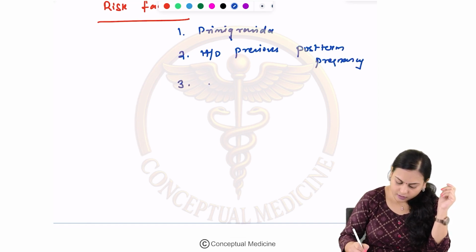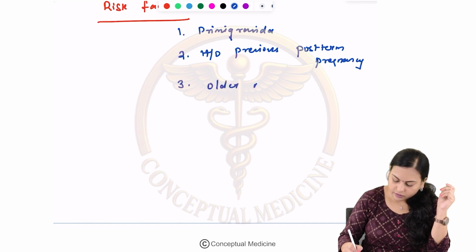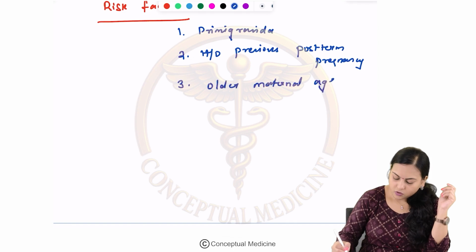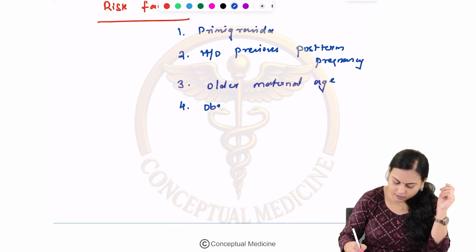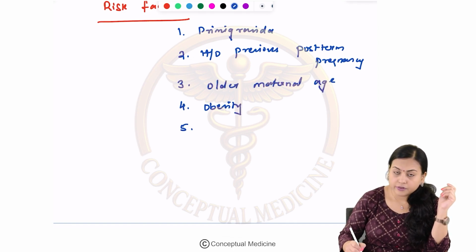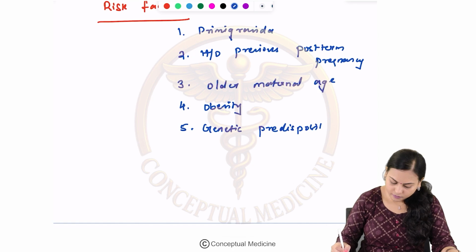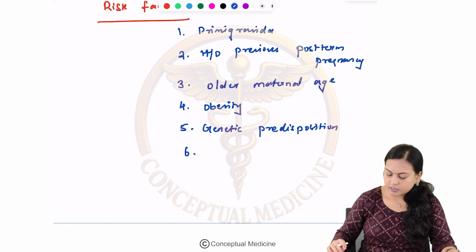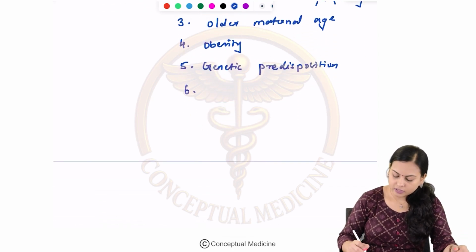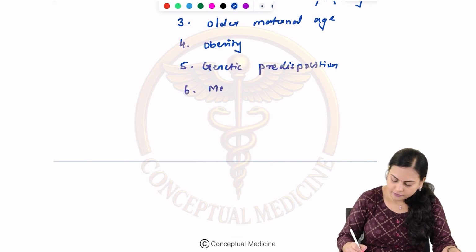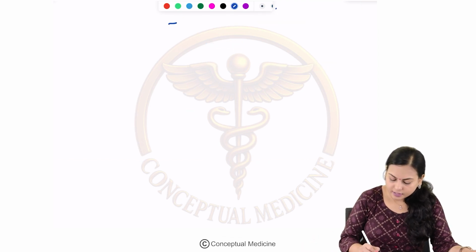There are also risks like older maternal age, obesity, or a genetic predisposition. Considering the gender of the fetus, a male fetus has a higher risk of postterm pregnancy when compared to a female fetus.